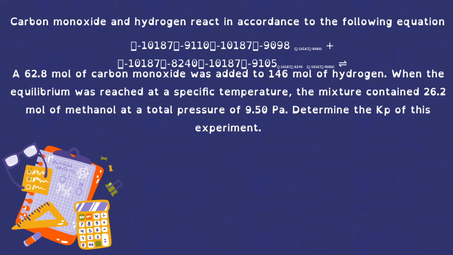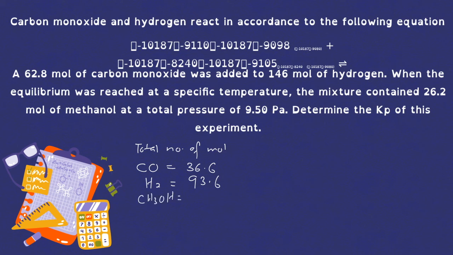In order for you to calculate the partial pressure, the first thing that you need to do is you need to know what is the total number of mole. So, from the calculation that we have in the ICE diagram, you know that at equilibrium, the number of mole for carbon monoxide is 36.6 mole, and hydrogen is 93.6, and from the question states that the methanol is equivalent to 26.2.